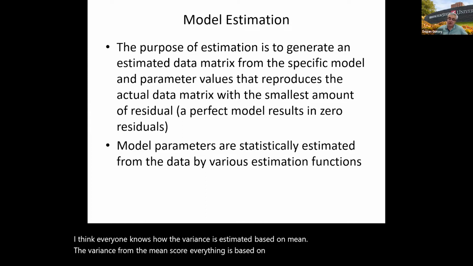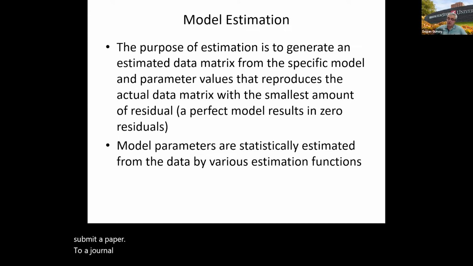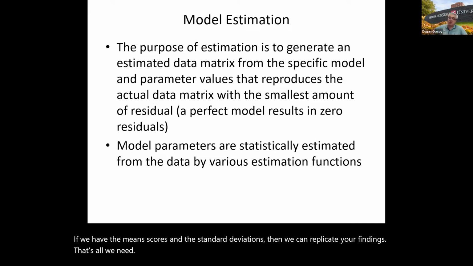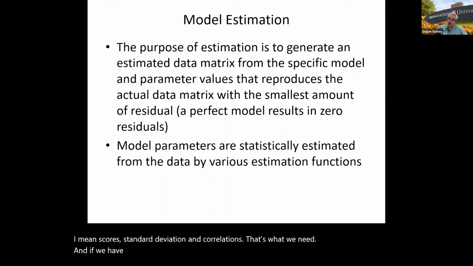That's why when you submit a paper to a journal, most journals will want to see the mean scores and standard deviations. If we have the mean scores and the standard deviations, then we can replicate your findings. That's all we need: mean scores, standard deviation, and correlation. If we have those three, we can run any statistical method. They're all based on the same principle.